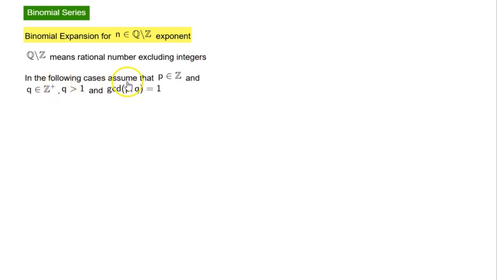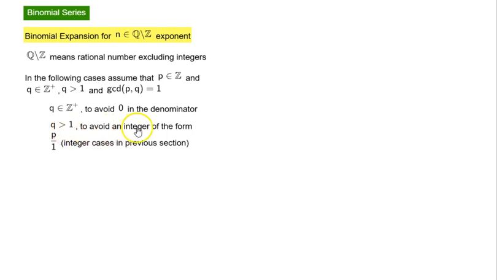So in the following cases, assume that p is an integer and q is a positive integer, q is greater than 1, and GCD of p and q is equal to 1. Why all these conditions? Let's see. q is a positive integer to make sure that we don't end up with a 0 in the denominator. q greater than 1 to avoid an integer of the form p by 1, because integer cases we have already seen.